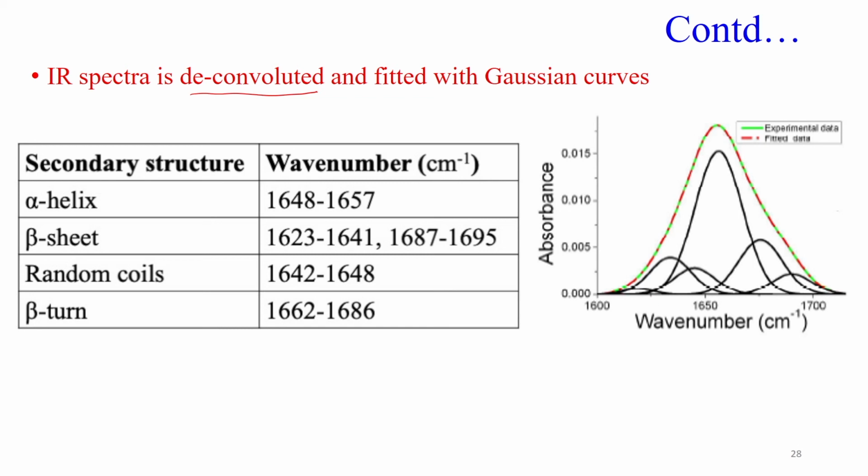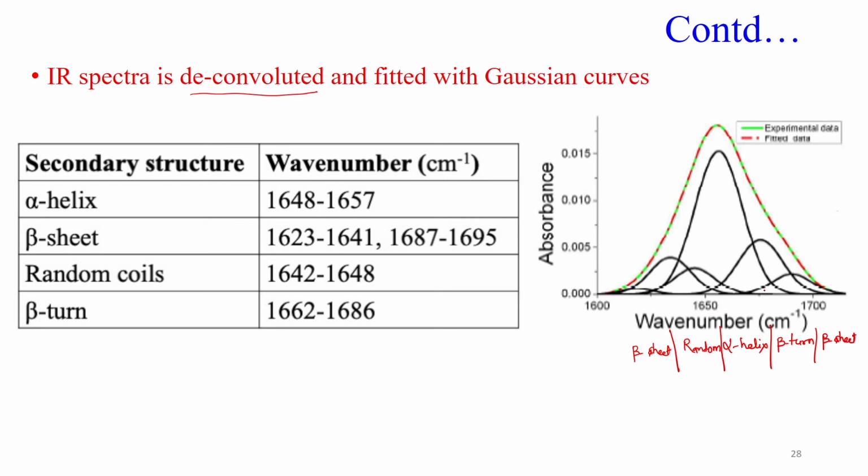So, we start with beta sheet, random coil, alpha helix, beta turn, again beta sheet.